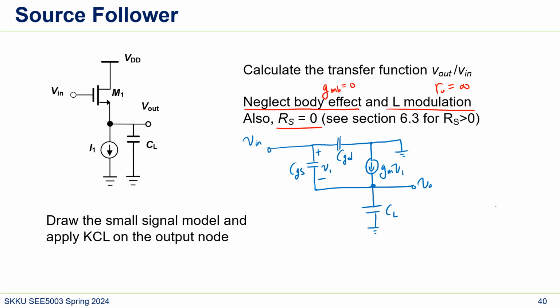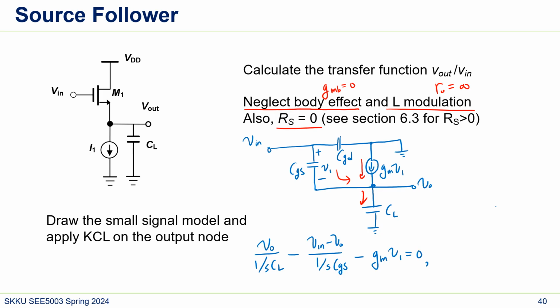Let's use KCL at this node. First, the current here is VO over 1 over SCL, and the current flows from here and here, which will have the opposite sign. So minus (V in minus V out) over 1 over SCGS, and minus GM V1 is 0.